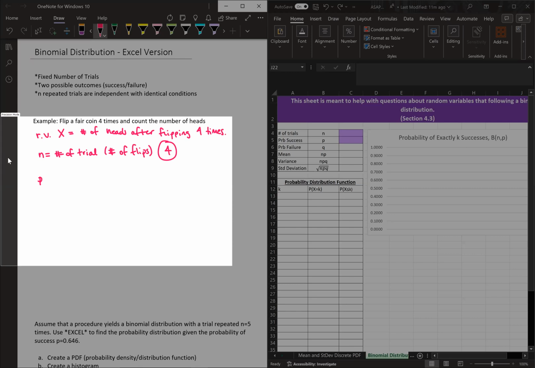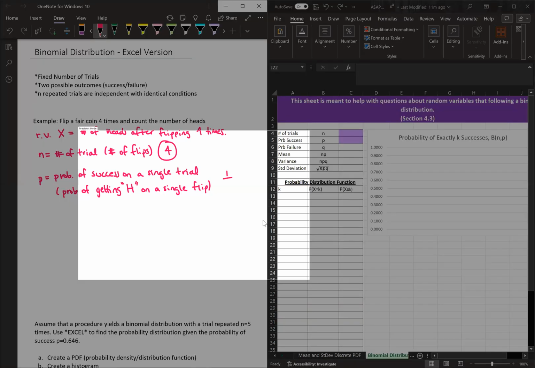Then we need the probability of success on a single trial, which is to say the probability of getting heads on a single flip. And so for us, that's going to be 1 out of 2 or 1/2. Right? You get heads or tails, so it's 50-50.